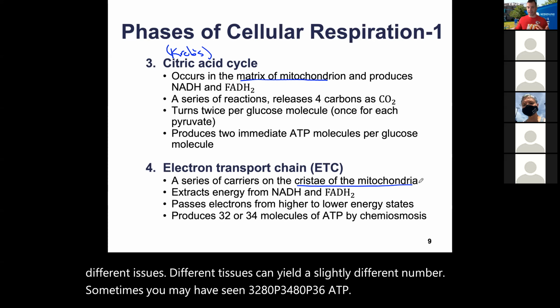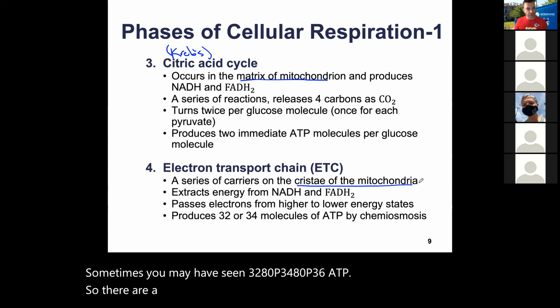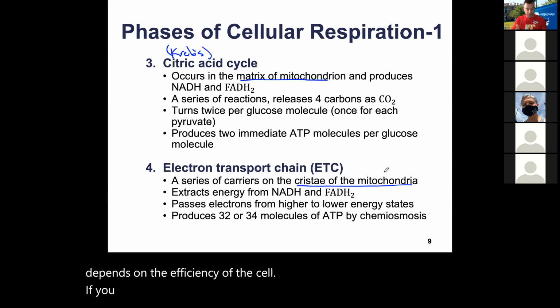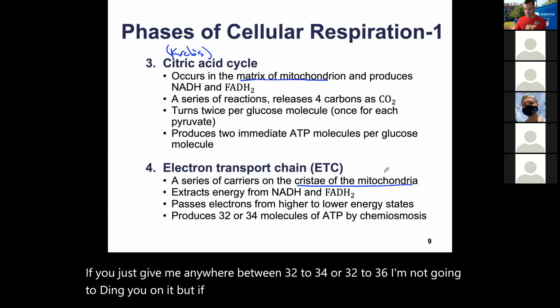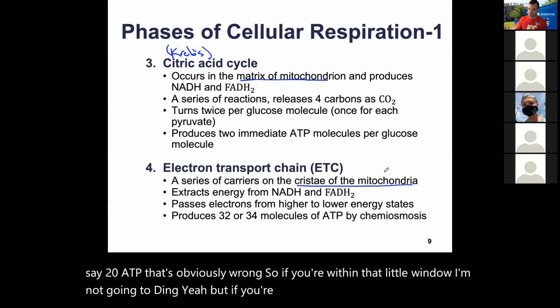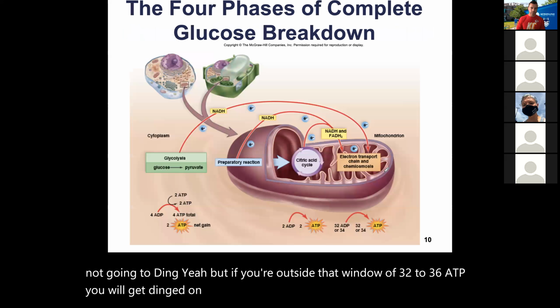So there's a various number, and it just depends on the efficiency of the cell. If you just give me anywhere between 32 to 34 or 32 to 36, I'm not going to ding you on it. But if you say like 48, 40 ATP, that's wrong. If you're going to say 20 ATP, that's obviously wrong. So if you're within that little window, I'm not going to ding you. But if you're outside that window of 32 to 36 ATP, you will get dinged on it. Okay.